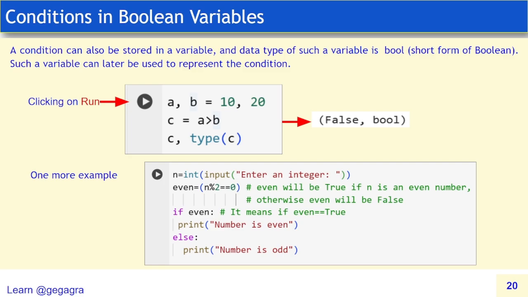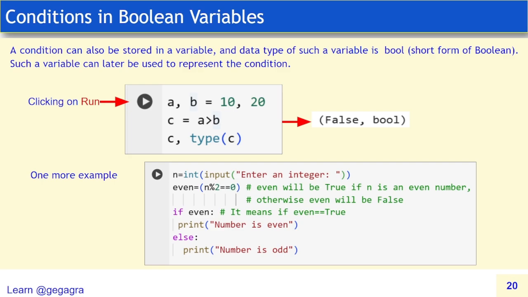So through this example, it is clear that we can store a condition or Boolean statement in a variable. Here n modulo 2 equals 0, the entire Boolean expression, will result in either true or false, and this result will be stored in the even variable.